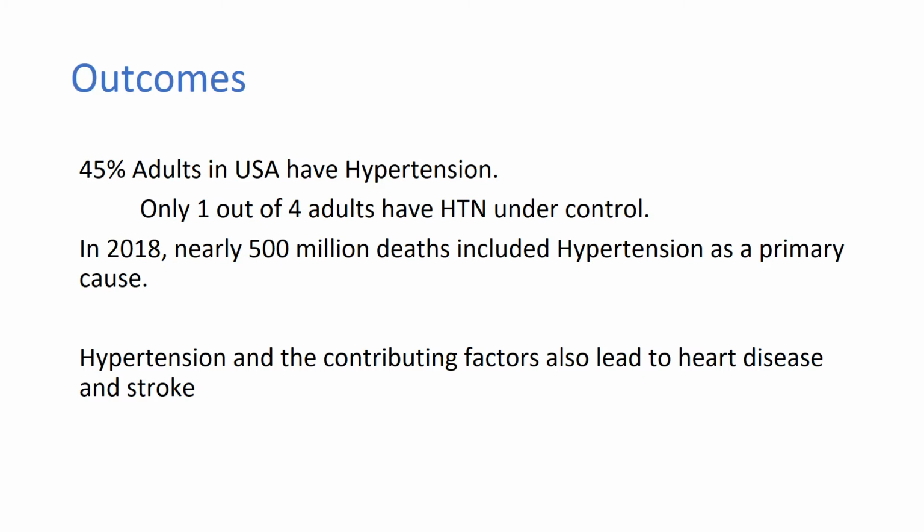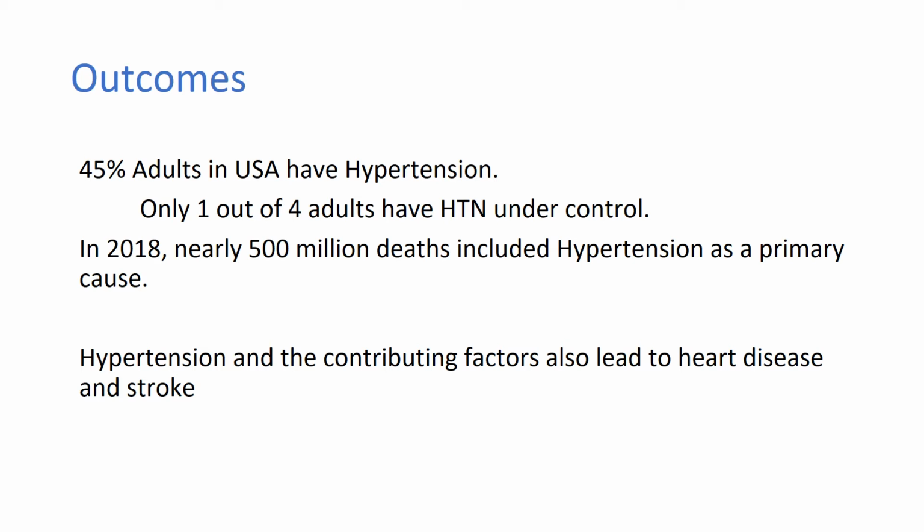So just about 45% of adults in the US have hypertension, and 1 out of 4 adults that have hypertension are under control, meaning that they're medicated to the point where it's no longer an issue. So that means 3 out of 4 are not.